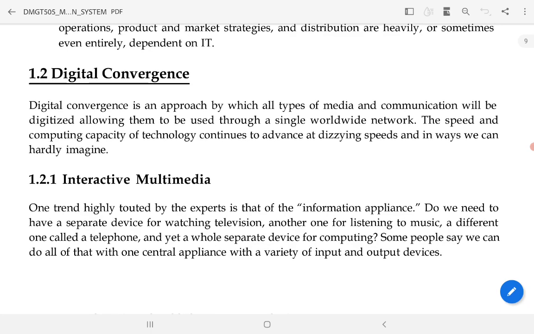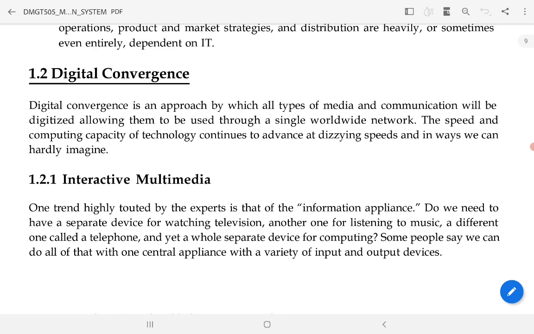Digital convergence means converting any data or information into media and communicating it from one organization, department or level of management to another.